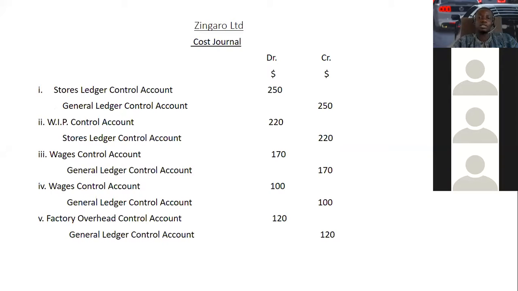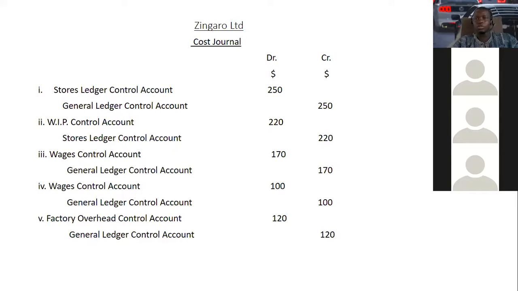I was saying something earlier on about these two accounts. Because this is a cost journal, it is going to affect wages and the general ledger control account. But had we been asked to prepare cost accounts, then this transaction, direct wages paid, would affect work in progress control account and then wages account.